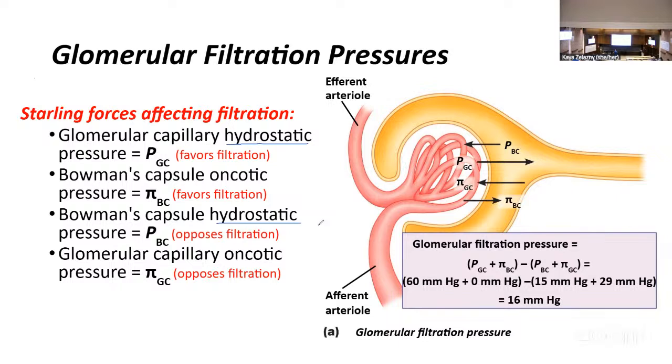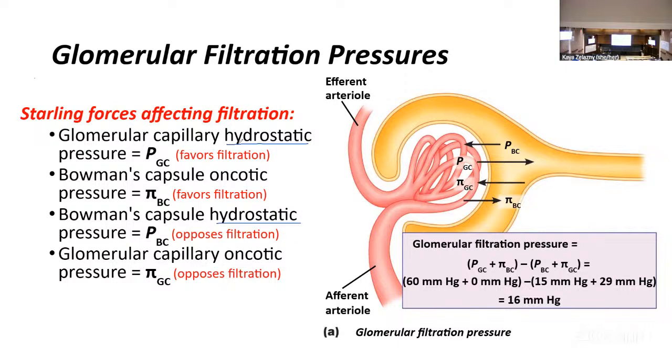Okay. So then what we're going to do is think about where we are pushing from and where we are pulling to, as we figure out which of these are going to influence us to filter more fluid into our nephron versus which ones are going to oppose filtration, limiting how much fluid is going through the kidney. Okay. We can walk through those.